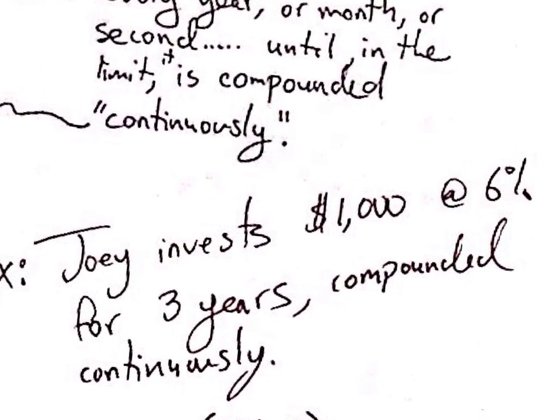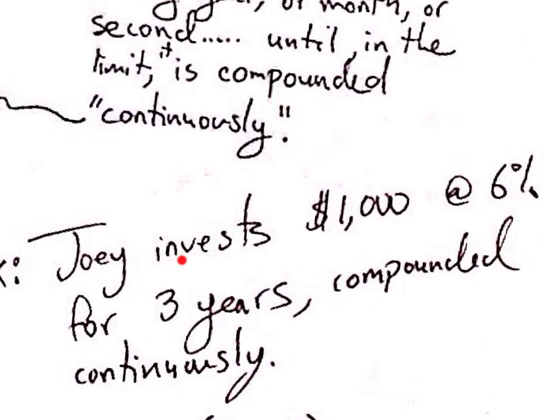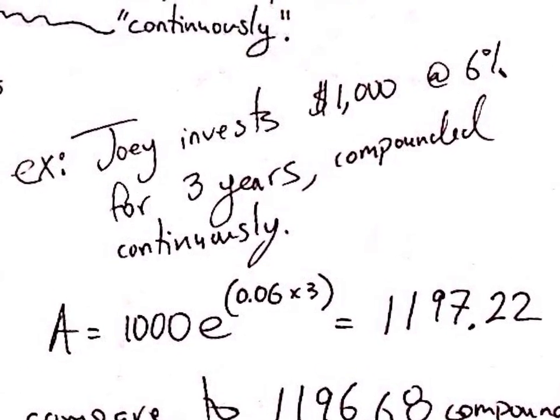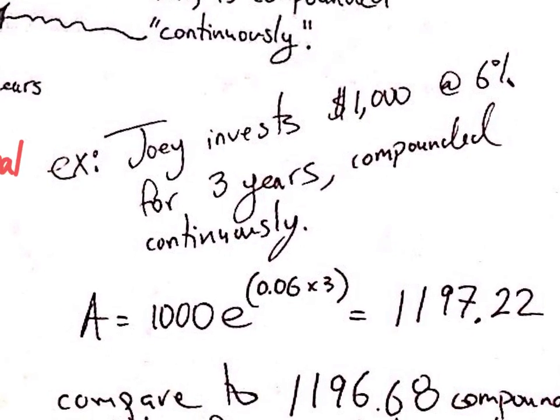Okay, so here's an example. Yesterday, in notes part 1, we talked about Joey investing $1,000 and earning 6% interest for 3 years and for 30 years. So let's do that same question, only Joey invests $1,000, he earns 6% interest for 3 years, but it's compounded continuously. So if we substitute in, we end up with this.